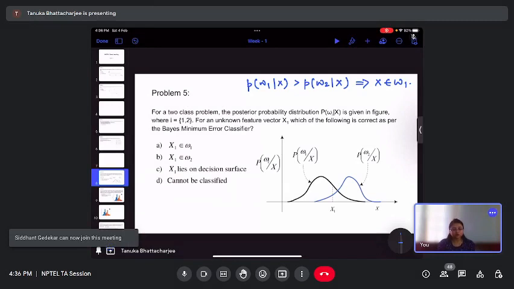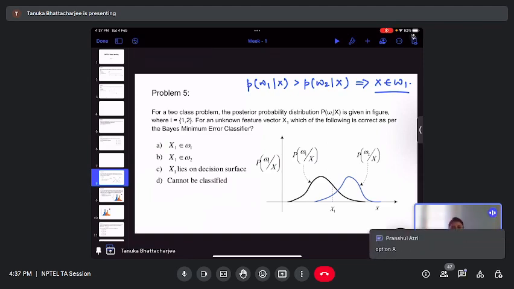Why is this called the minimum error classifier? When you are classifying x as an element of omega 1, because you have higher a posteriori probability of class omega 1 given the feature vector x, there can also be some feature values for which the probability of class omega 2 is not 0. So given x, the a posteriori probability of class omega 2 is also non-zero.